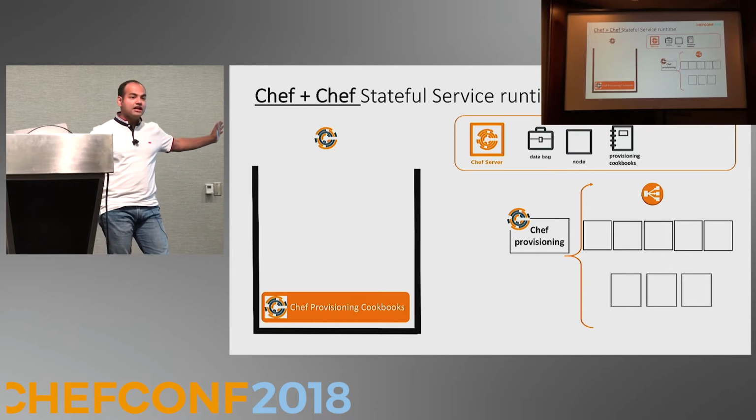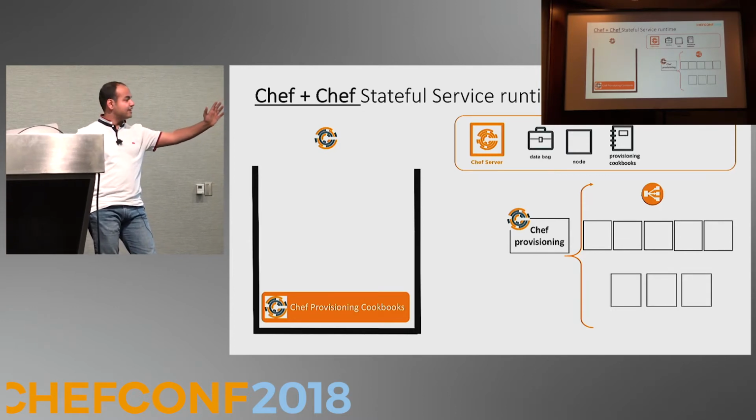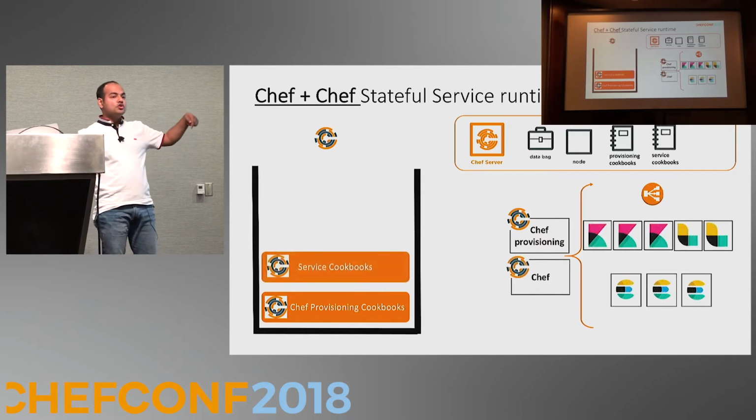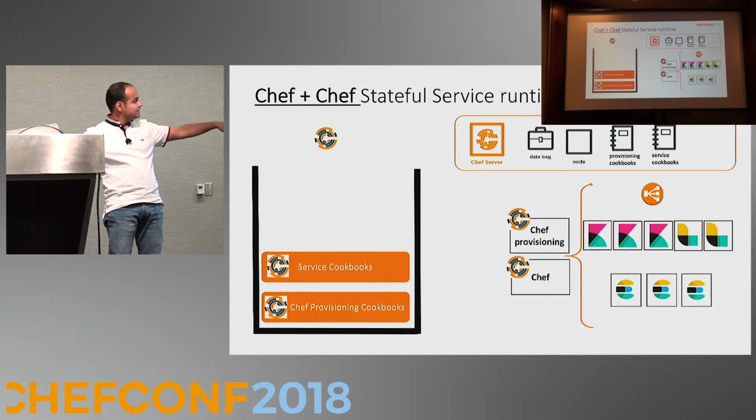Based on the cloud it runs on, it creates the machines and the load balancer with that driver. Then the service cookbook comes into play, and on those nodes, in this case an ELK cluster, depending on the node type it puts that cookbook on it and converts the node.